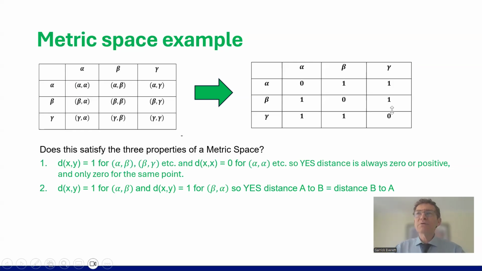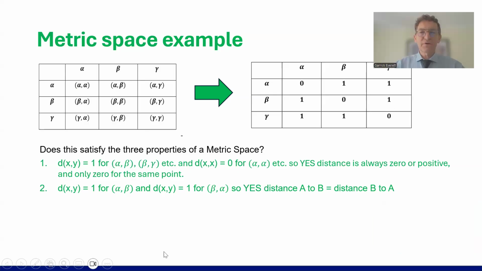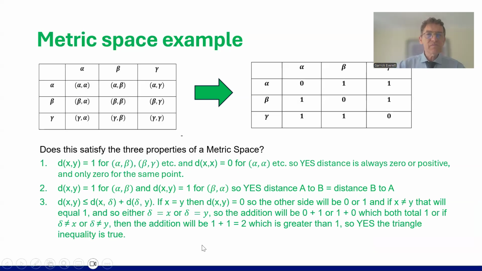And the third property, which is the triangle inequality. So distance x to y is less than or equal to distance x to gamma plus distance gamma to y. So any lambda, gamma, alpha, anything else, A, B, C, whatever.